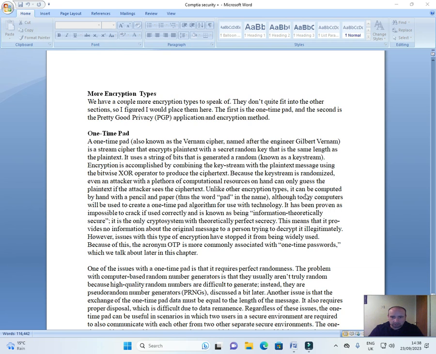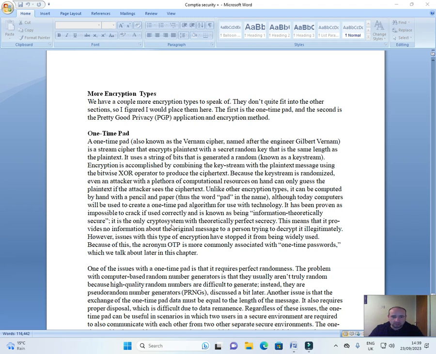Unlike other encryption types, it can be computed by hand with a pencil and paper, thus the word pad in the name. Although today's computers will be used to create a one-time pad algorithm with the use of technology, it has proven impossible to crack if used correctly, and is known as being information theoretically secure.